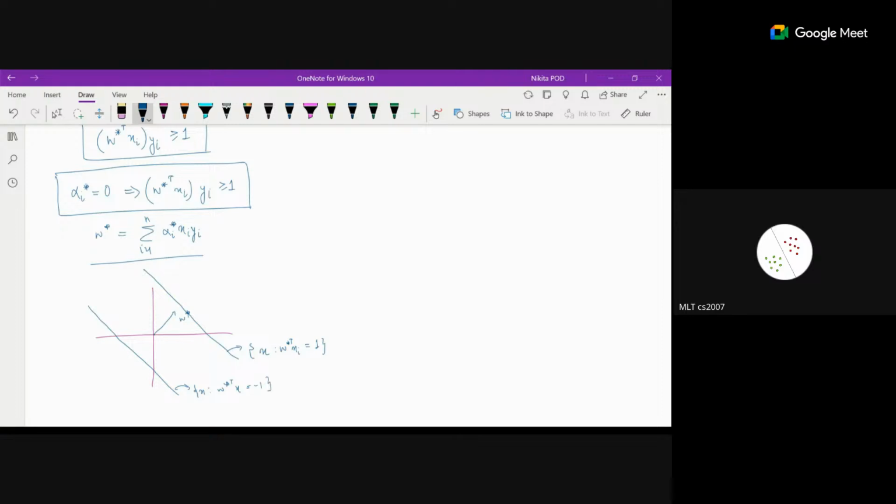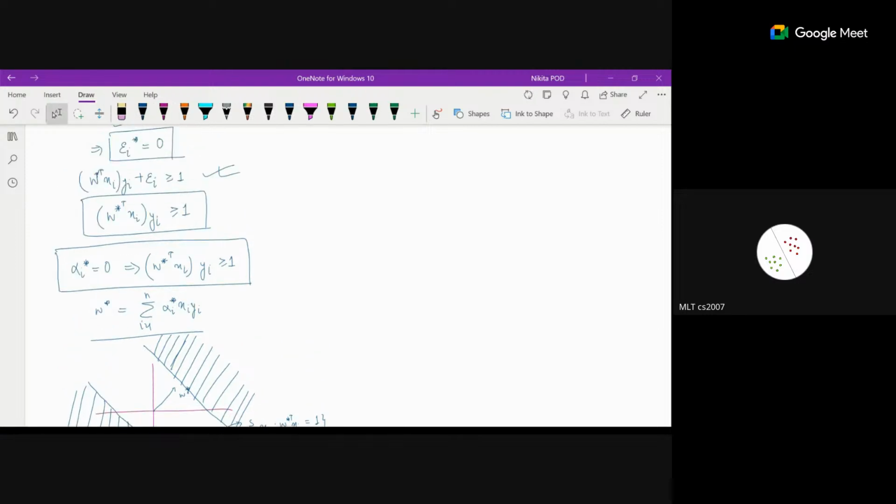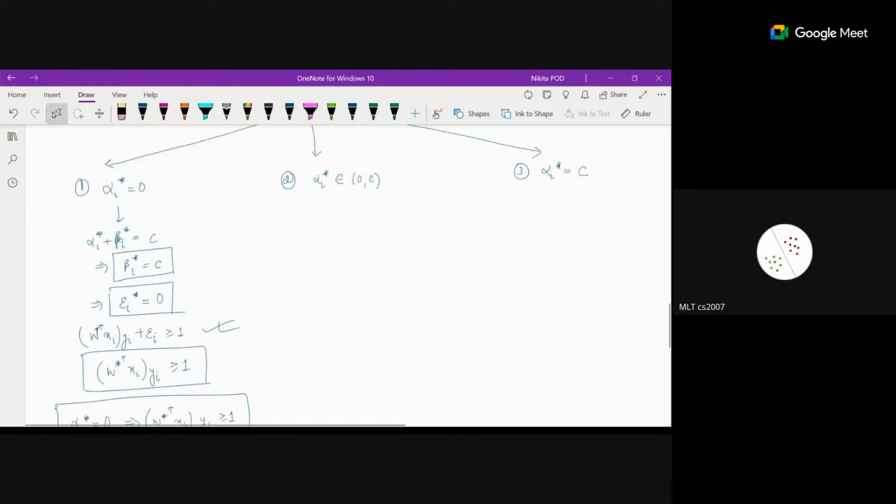So if your alpha star is equal to 0, then all the points should lie either on this plane or outside this plane. Either these points will be here or here. All the points lying in these regions are not important to my W star. This is what we are achieving from this case.